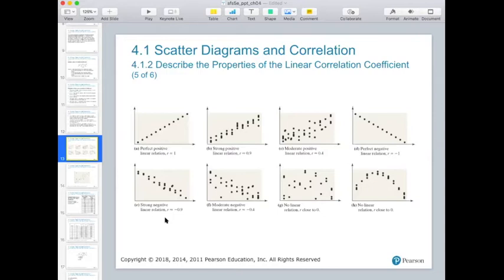So that reinforces my observation that this was a strong positive relationship. If I put a line through the middle of those points and wanted to use it to make an estimation, it would be a pretty good estimation. There would be some variation in there, but it would be a good guess.